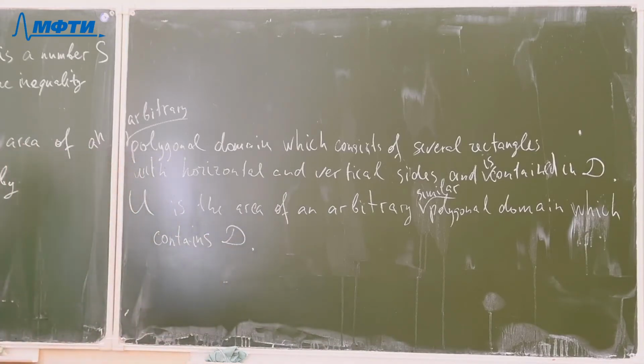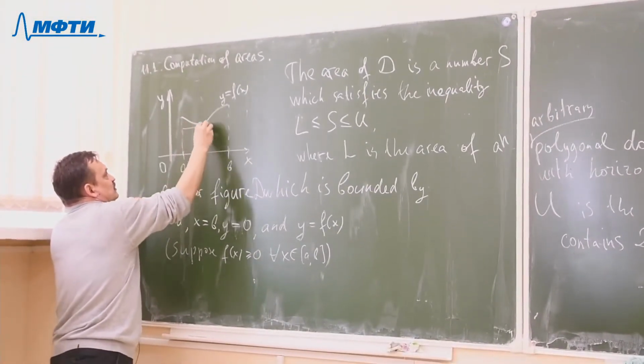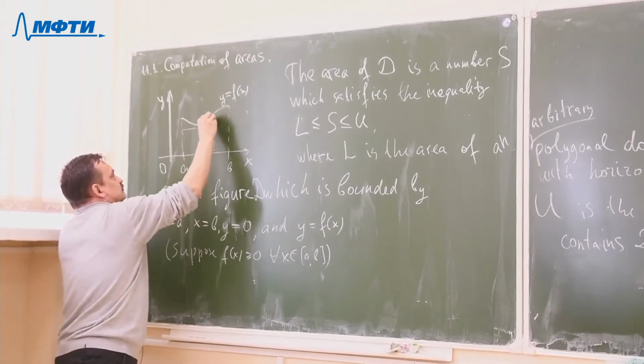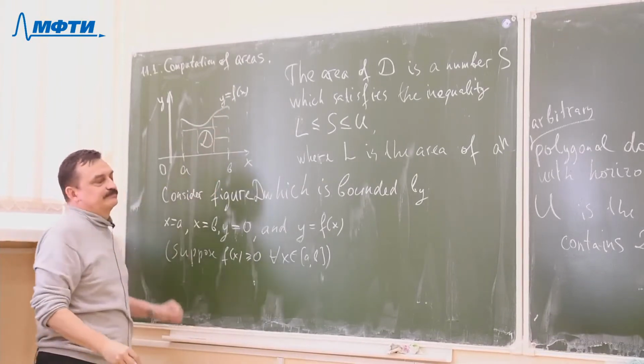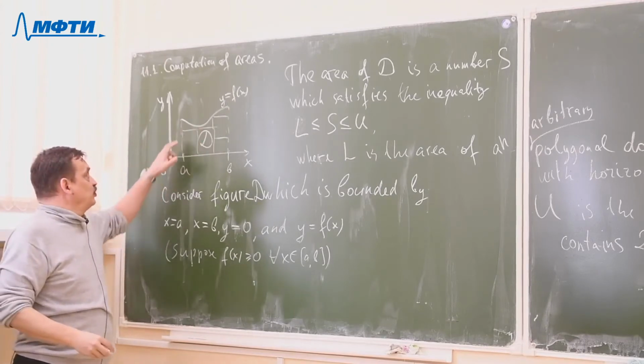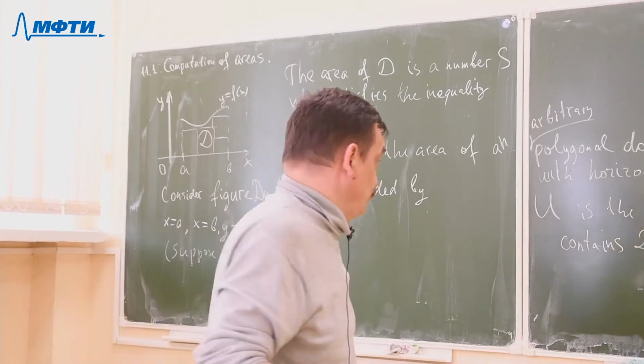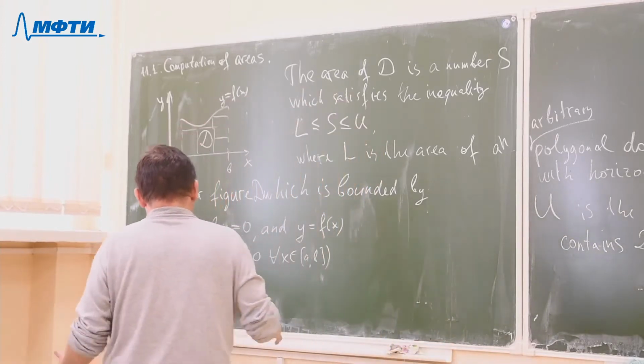So you see, L is the area of some polygonal domain which is inside D. U is the area of a polygonal domain which contains D, so outside.